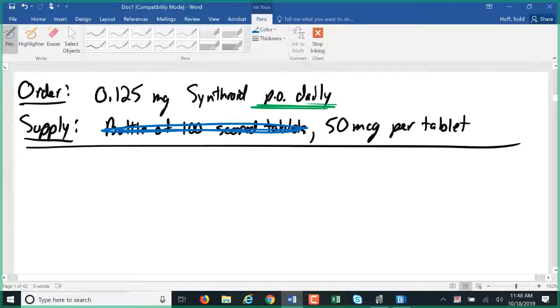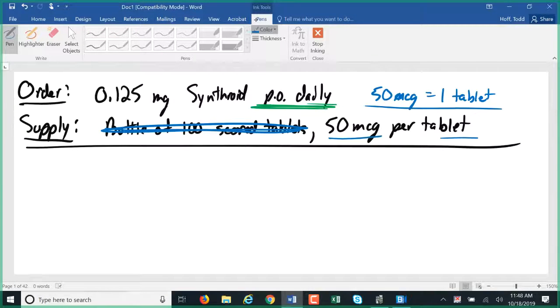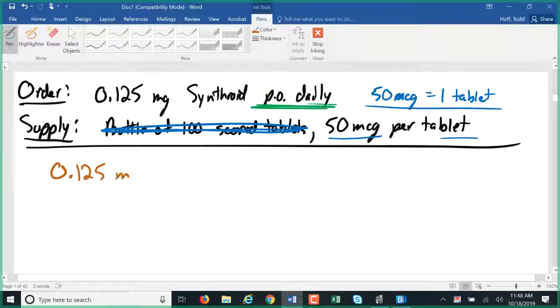What we care about is that 50 micrograms equals 1 tablet. That's our equivalency here. We start out with the doctor's order, .125 milligrams. Put it over 1.